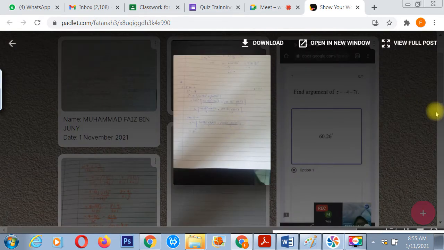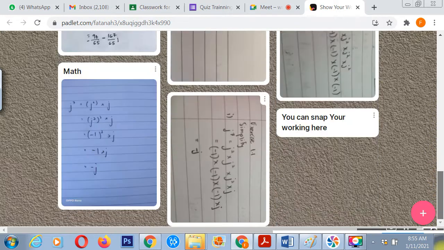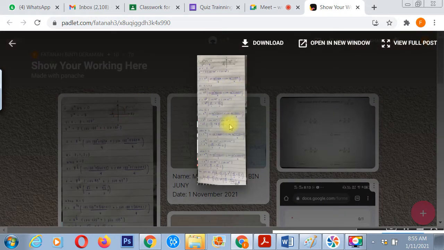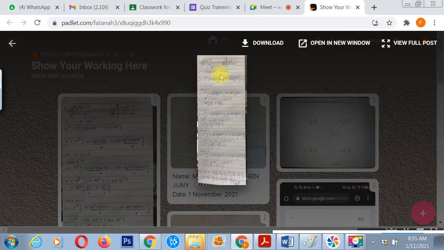Yang ni saya buat tadi. Ni cantik. Buat tulisan macam ni lah, cantik-cantik. Senang nak tengok, nak check. Macam mana saya nak besarkan ni.